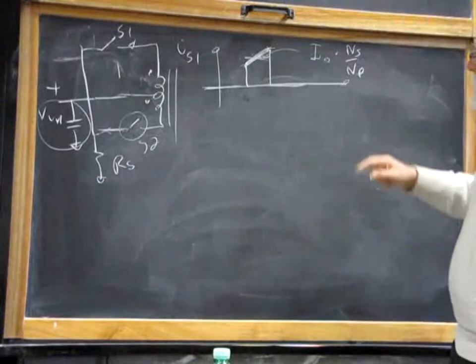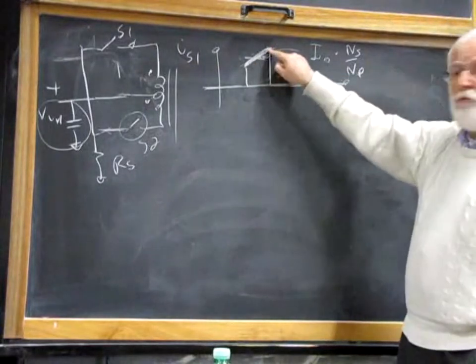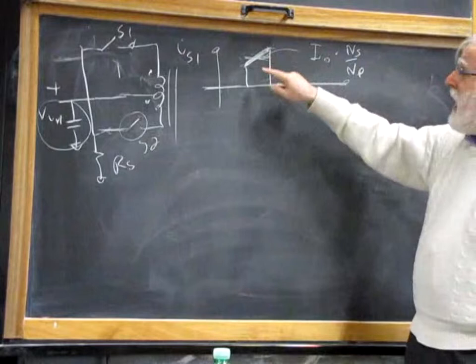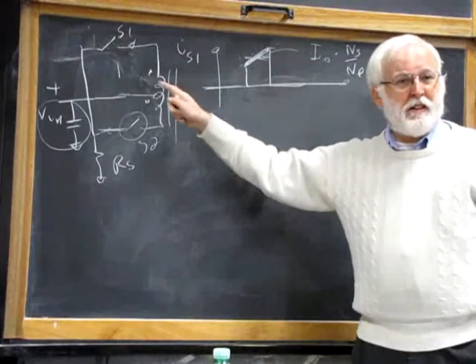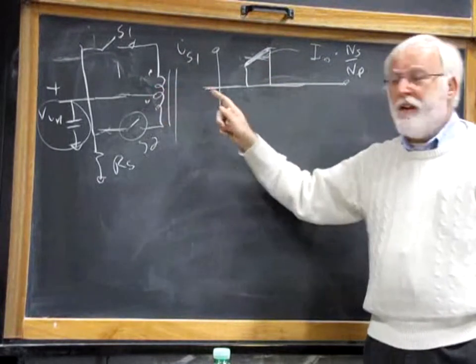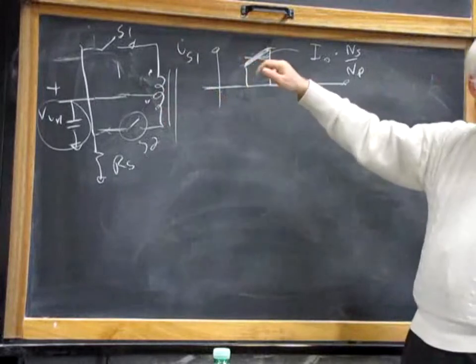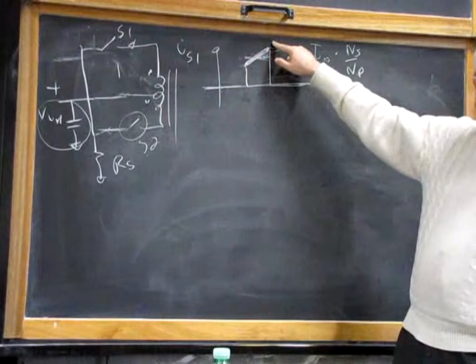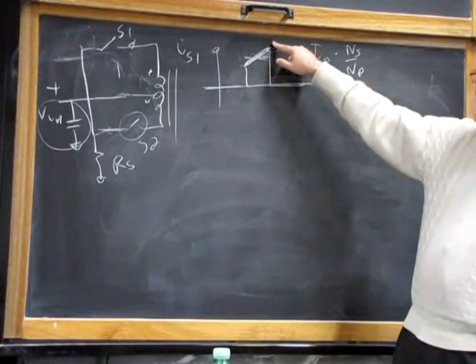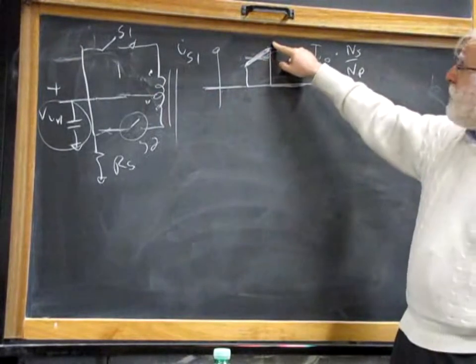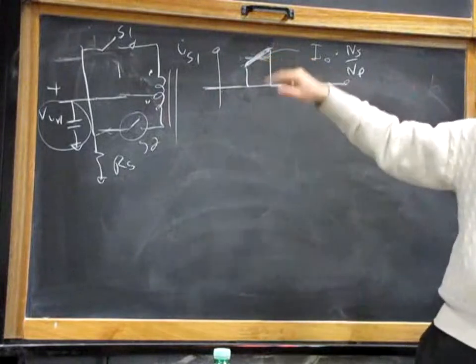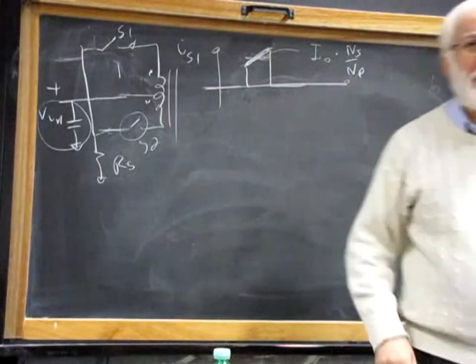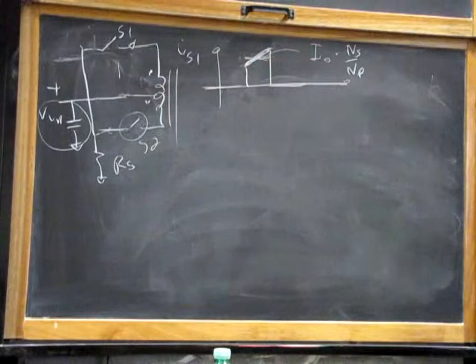So if your output current goes from 10 amps to 12 amps, and your turn ratio is 10 to 1, on the primary side your 10 amps will become 100 amps, your 12 amps will become 120 amps. Ouch. Very high current. Bad example. Next time I will give you a better example.